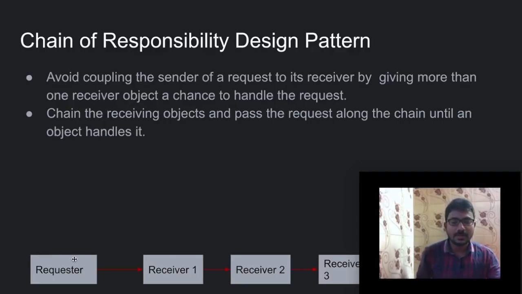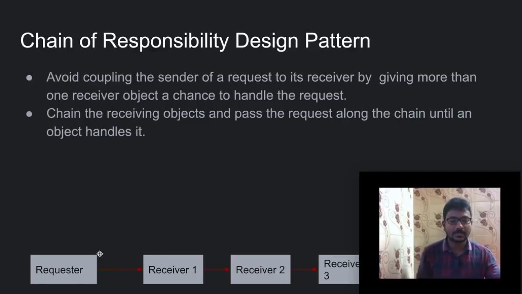For example, we will take the previous example itself. If you are logging in to the Amazon website, we give the username and password. Suppose receiver 1 handles only the permission related information. For example, this receiver knows only to check whether that username and password are valid.